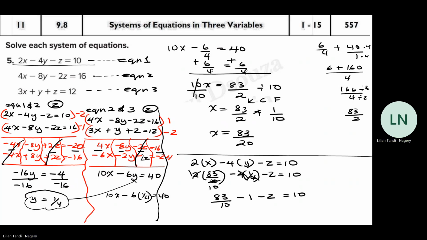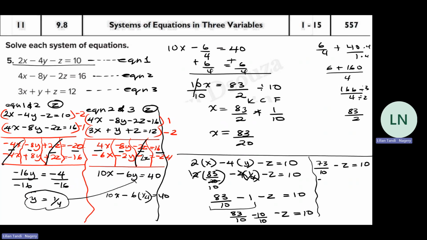So this will be 73 over 10. How do I know? 83 over 10 minus 10 over 10 minus z equals to 10. So this will be 73 over 10 minus z equals to 10.